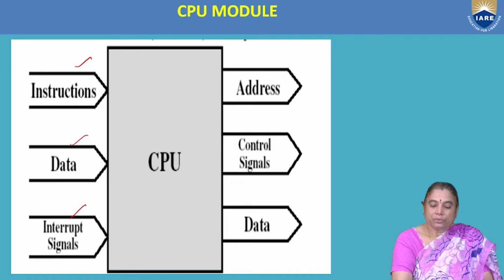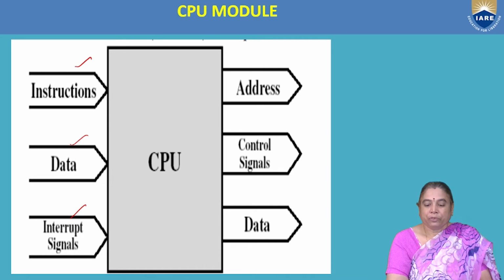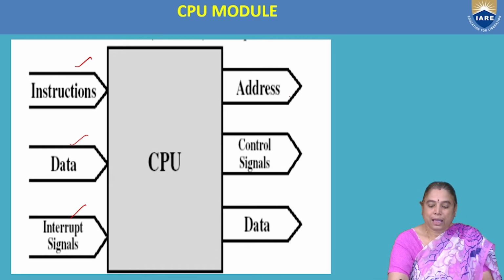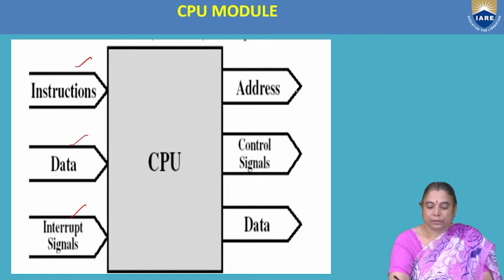So the CPU can receive either instructions, data or interrupt signals. It can also read from and write to the memory, so it requires the address as well as data. The data is what has to be written into the memory, and the location in the memory at which the operation is performed is pointed to by the address.